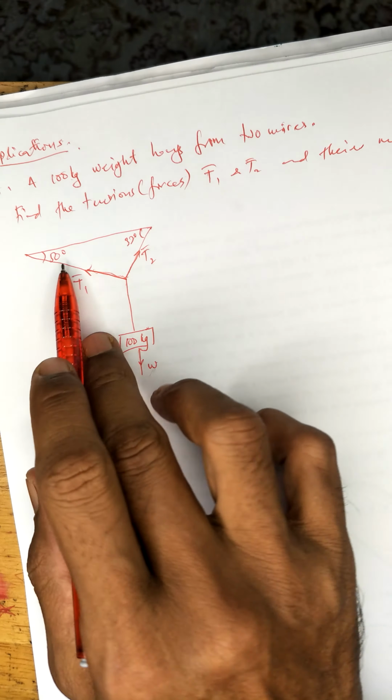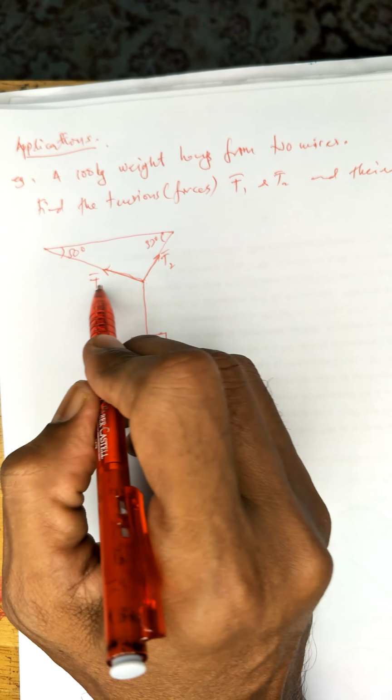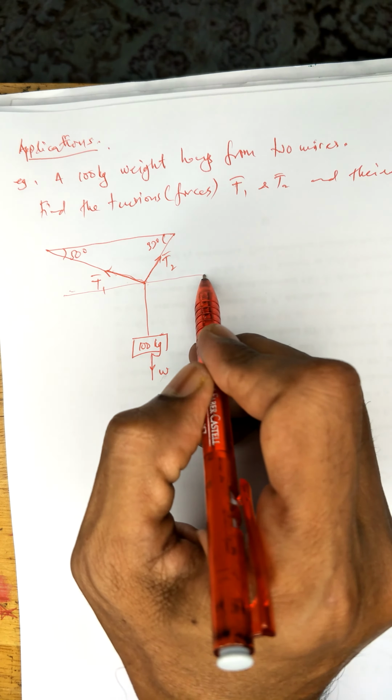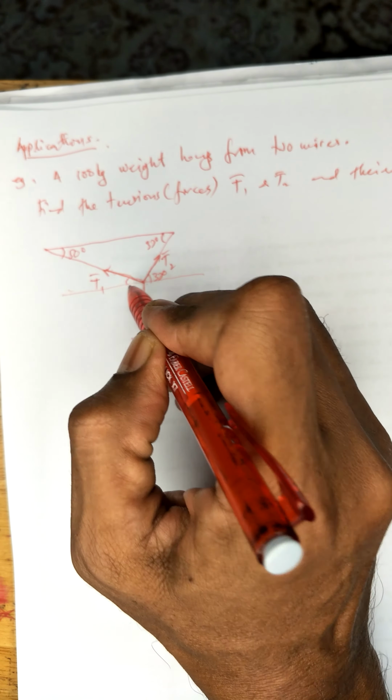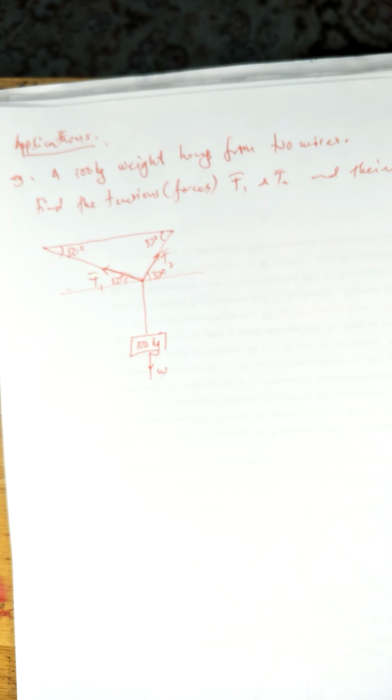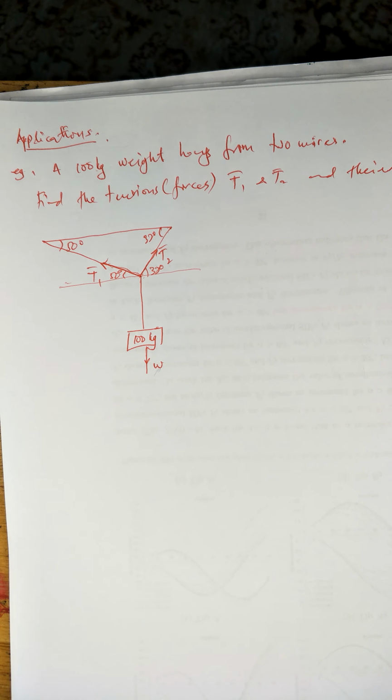Okay, and from those it is obvious that the opposite angle here is 32 degrees and this is 50 degrees. Now, how do we determine the vectors T1, T2?